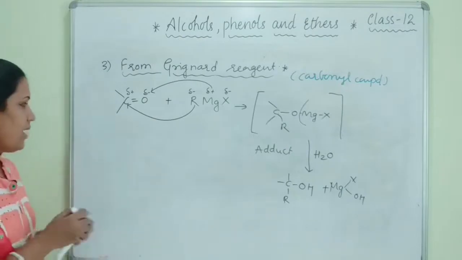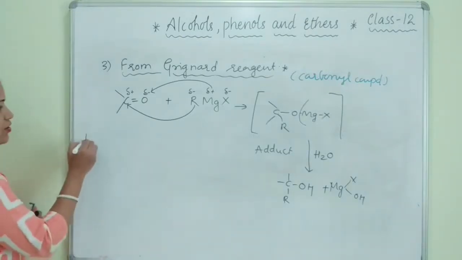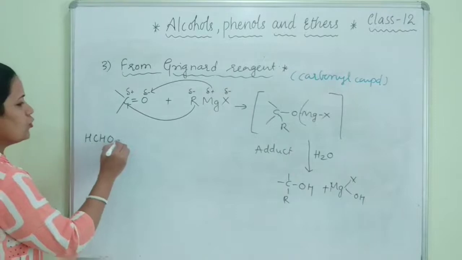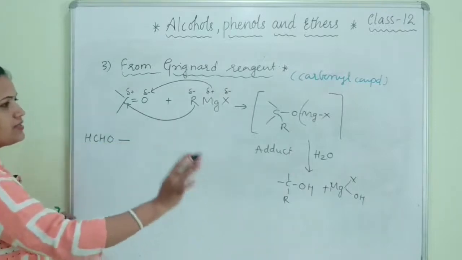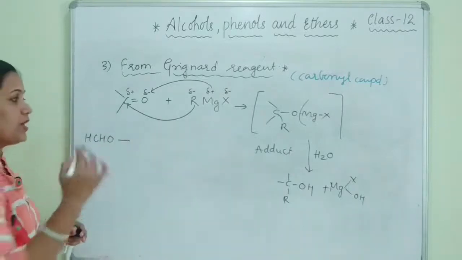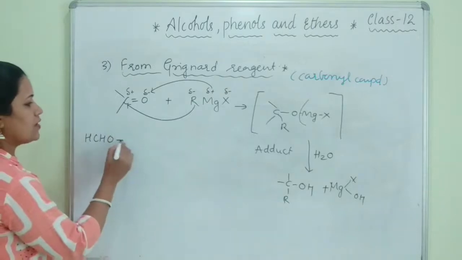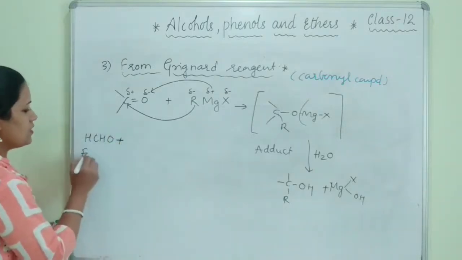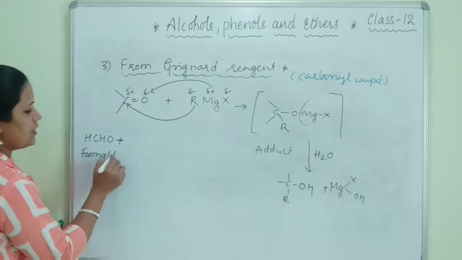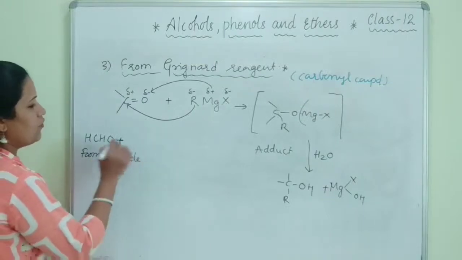By this way we can solve some questions also. If we have CHO, there is no need to write the mechanism and the adduct every time. Directly you can write the product. What is this? This is formaldehyde.